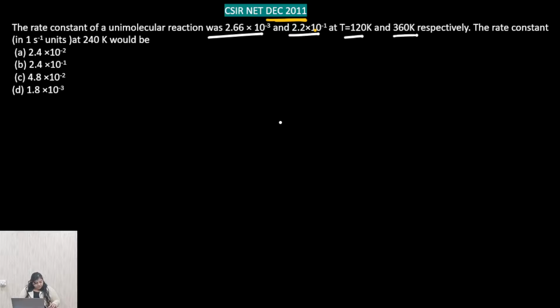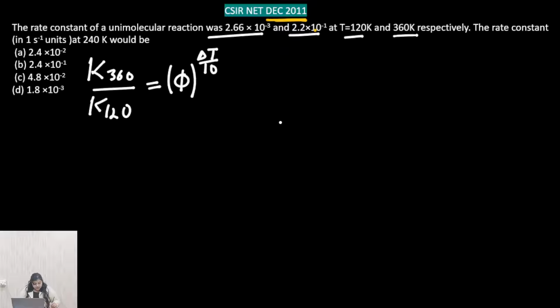Instead, we know that the rate constant at different temperature conditions, sorry, not the 240, this is 360 we have been given, upon the rate constant at 120 Kelvin, is equal to the temperature coefficient raised to the power of delta T upon 10, where delta T is equal to T2 minus T1, and its value should be positive. That means T2 should be the higher temperature and T1 the lower temperature.